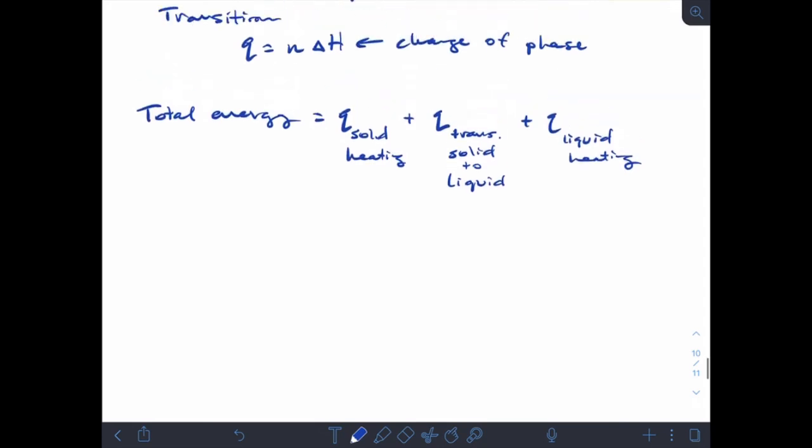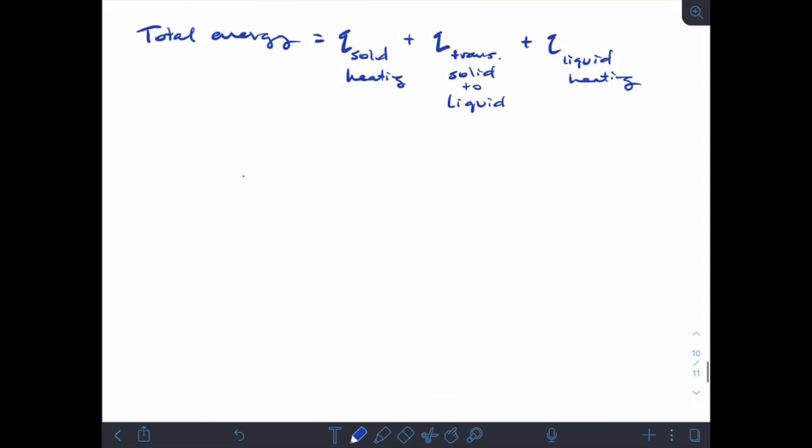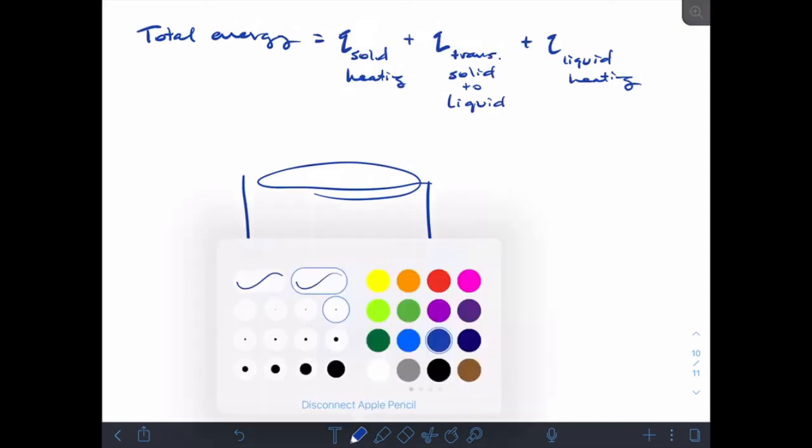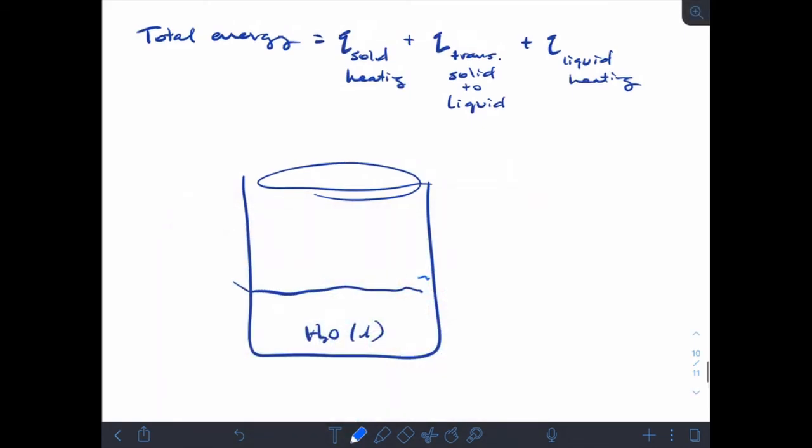So, for example, if we have a beaker of liquid water, right, on top of that liquid water, and on top of all liquids, there is a very small layer of vapor.